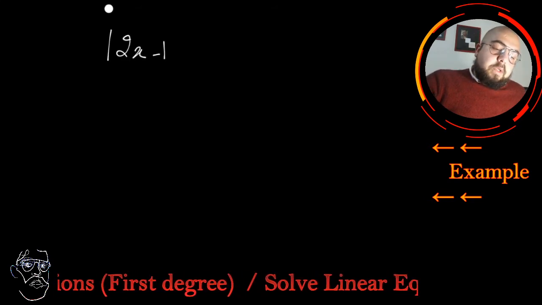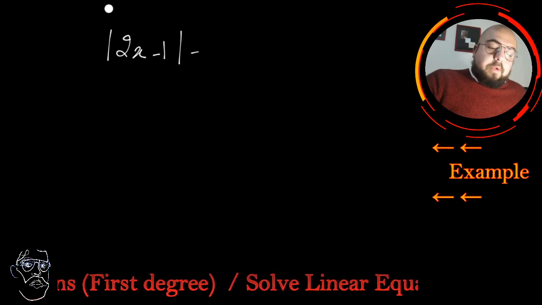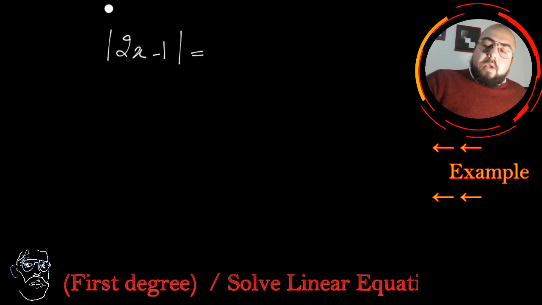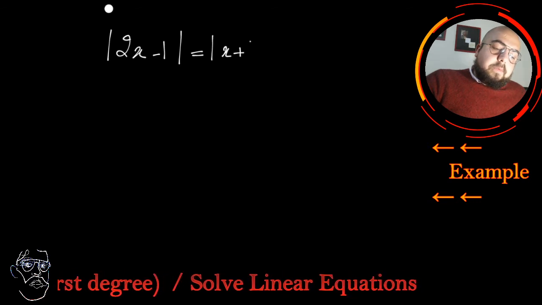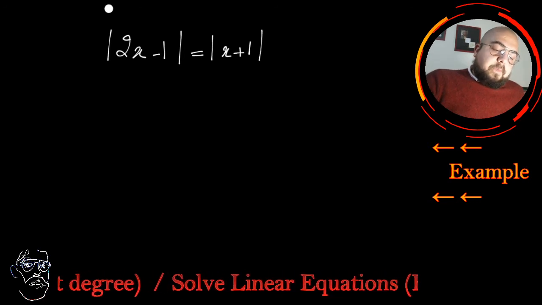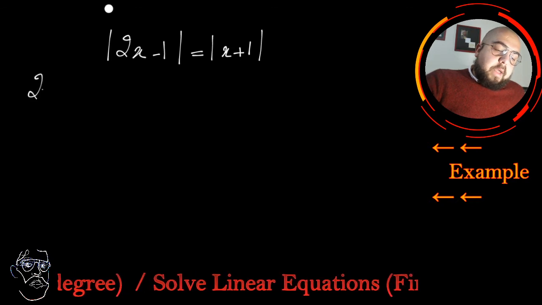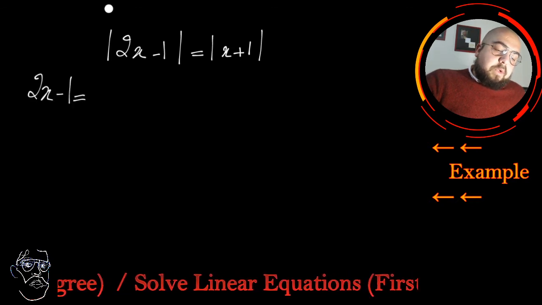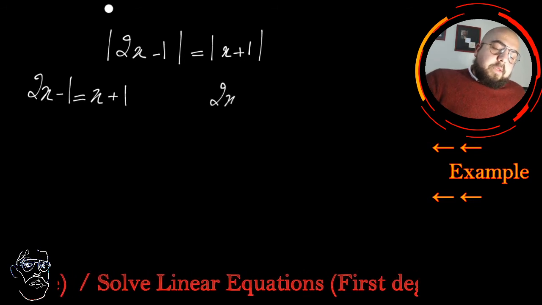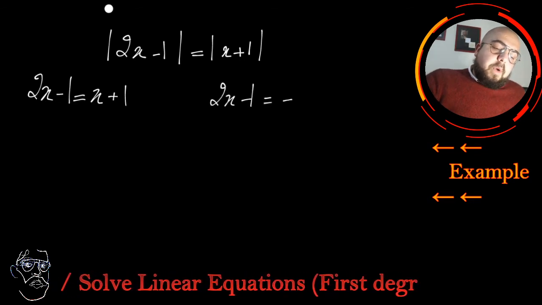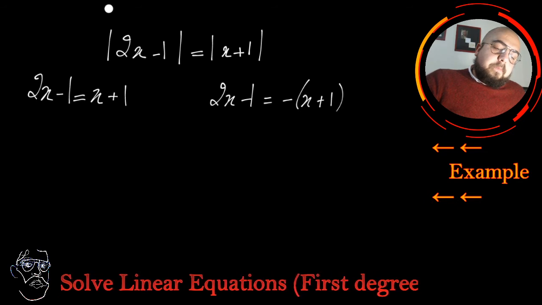Let's take a new one, another example. |2x − 1| = |x + 1|. So the first one, you should say 2x − 1 = x + 1, or 2x − 1 = −(x + 1).